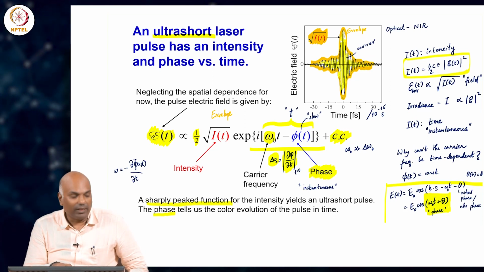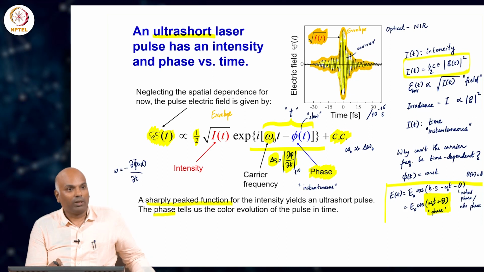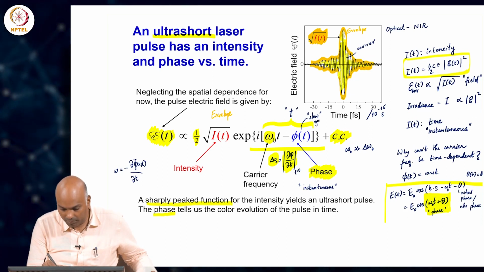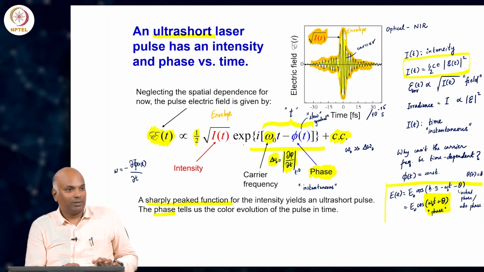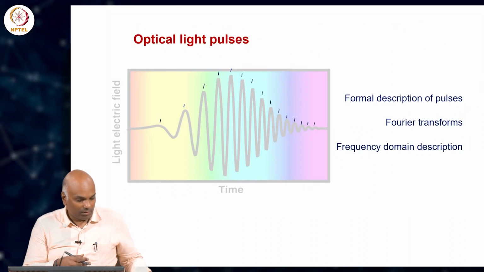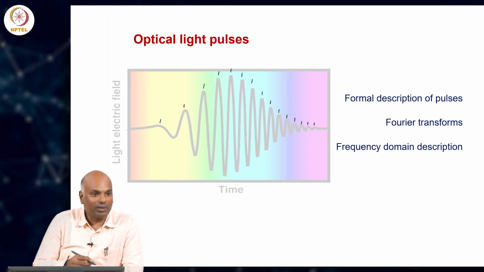This function phi, its variation over that period 2 pi over omega naught is rather more gradual or slow as compared to sine of omega t. That is why I said this graph is very nice. Have a look at this.